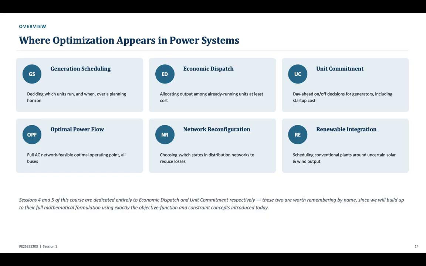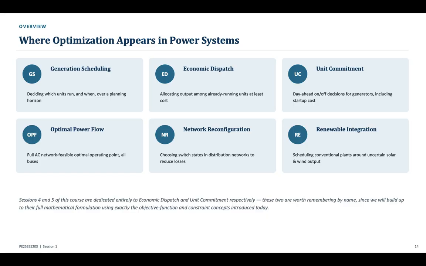Going down, in sessions 4 and 5, the modules where you will deal with economic dispatch and unit commitment, we build up, and then you have optimal power flow. Economic dispatch is allocating among already running units at least cost. Unit commitment is the day-ahead on and off decision for generators including startup cost, right? Then we have optimal power flow.